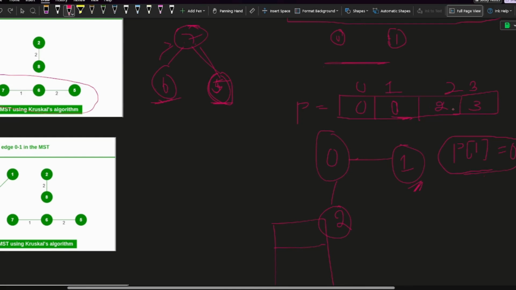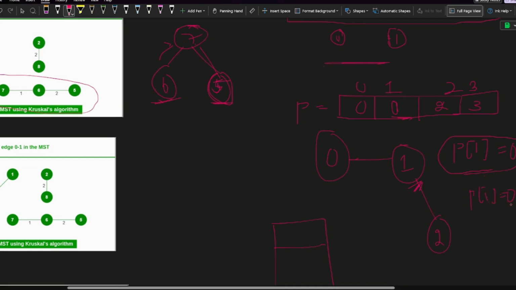You might be like, what if I added 2 over here? How are you going to tell that 1 and 2 are connected to each other? The way I'm going to say they're connected is if they share the same parent, right? So 1 and 2, I'm going to check what is the parent of 1. P of 1 is equal to 0.